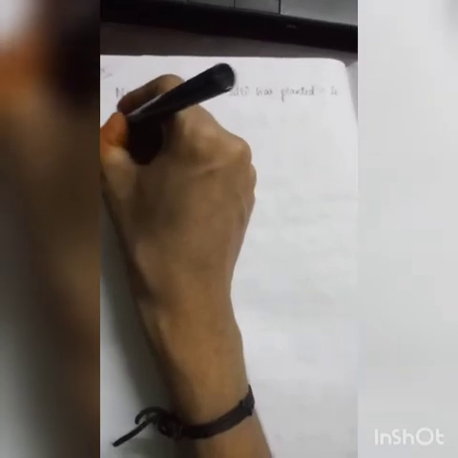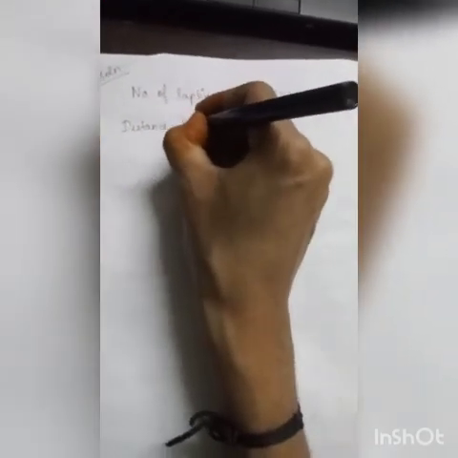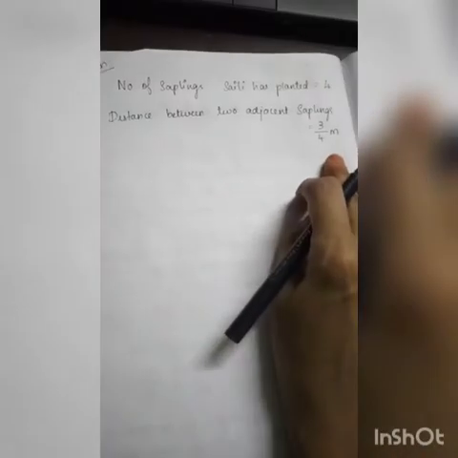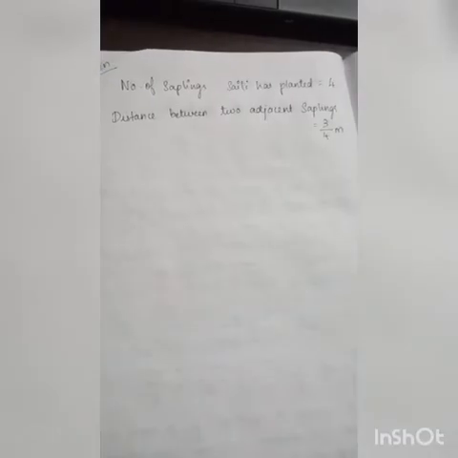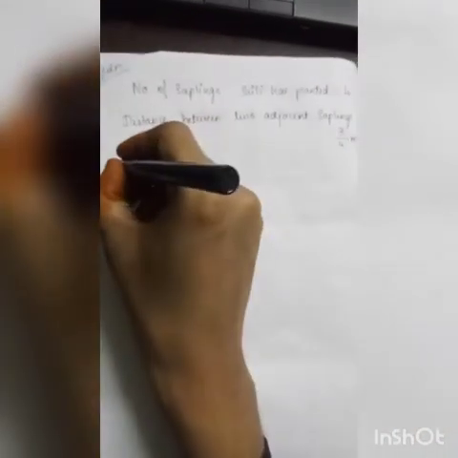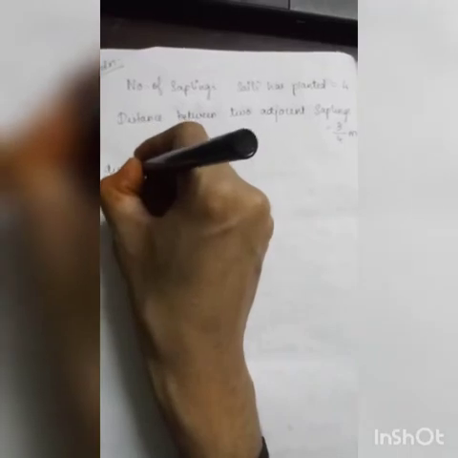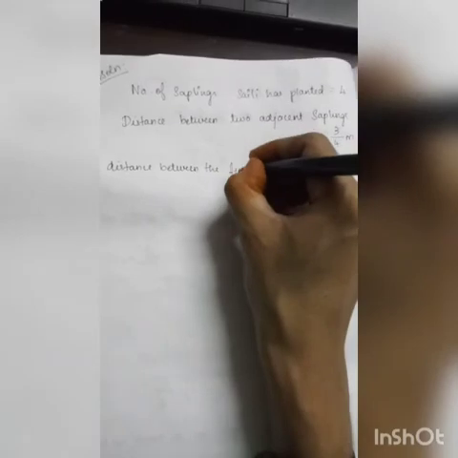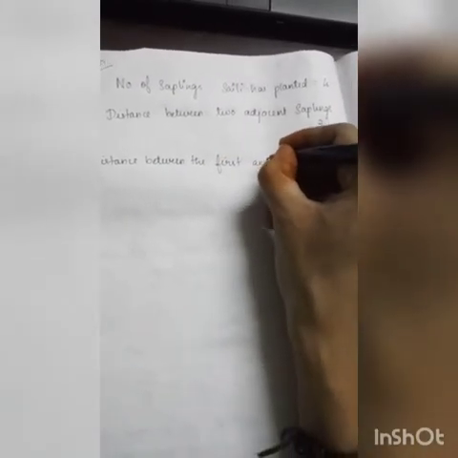Now, distance between 2 adjacent saplings is how much? 3 by 4 meter. So what do we want to find? Distance between the first and last sapling, right? This is what we are going to find now.